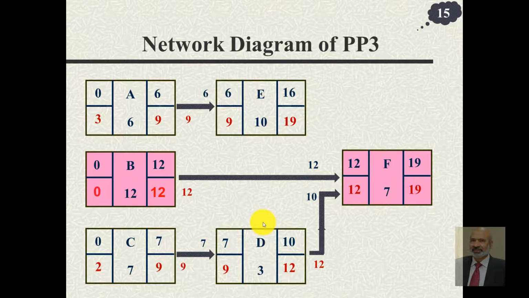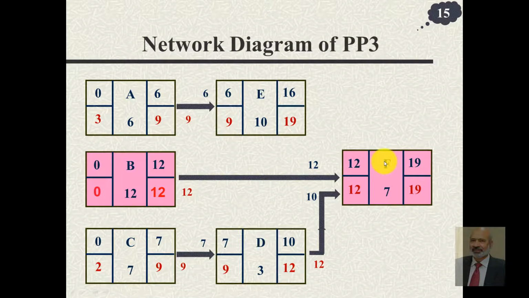Let's have a look at the network diagram again. We want to reduce the duration from 19 days, and we will do it in steps. In steps, because if we want to reduce this time, either activity F should be done in 6 days instead of 7 days, or activity B should be completed in 11 days instead of 12 days.